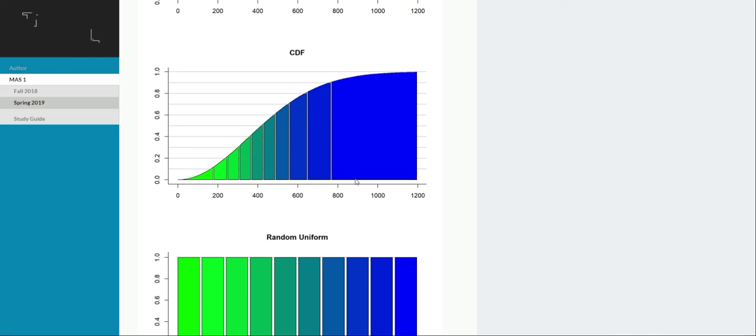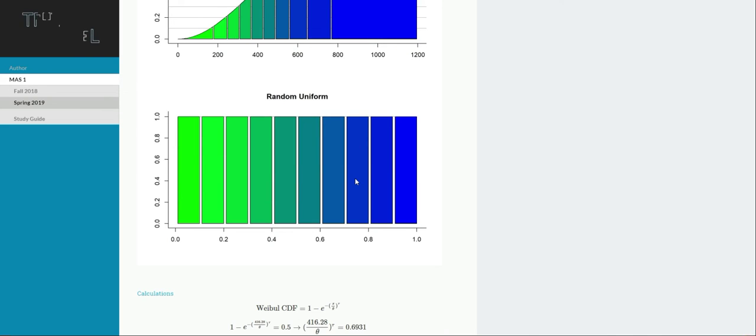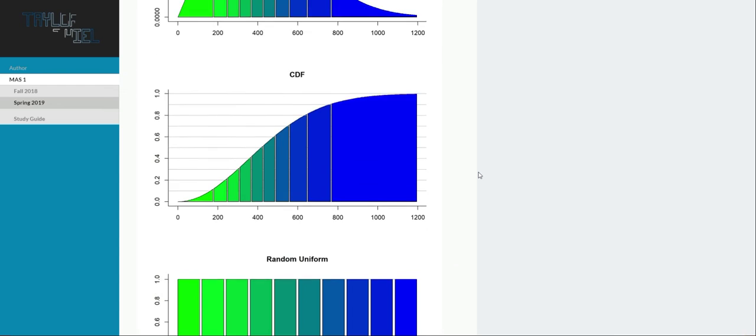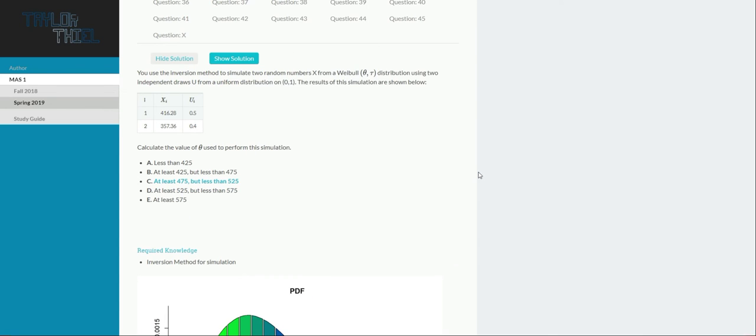With that understanding, we can jump into the problem, which is a bit backwards. This isn't what you would do in practice; they're just testing your understanding. They're giving us the simulated results, and we're trying to back into the parameters of the distribution. Since they give you these two values, you might start off thinking there's going to be a system of equations, but I think we end up being able to divide out one of these terms.